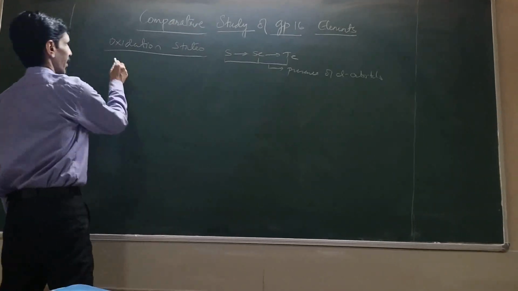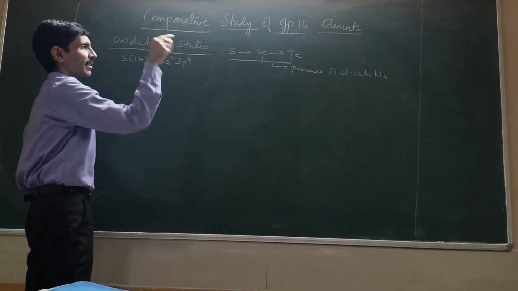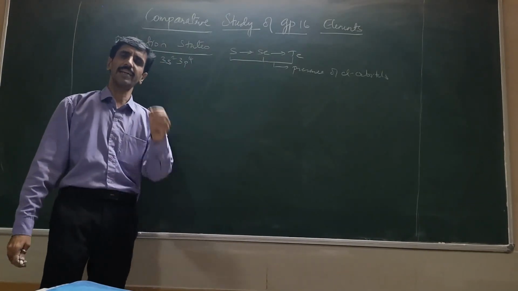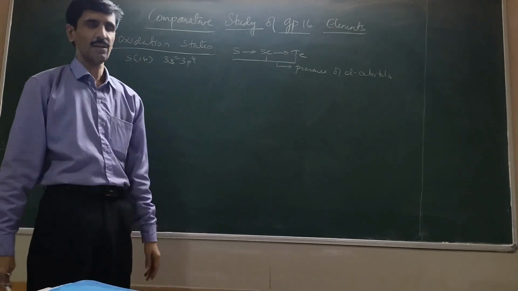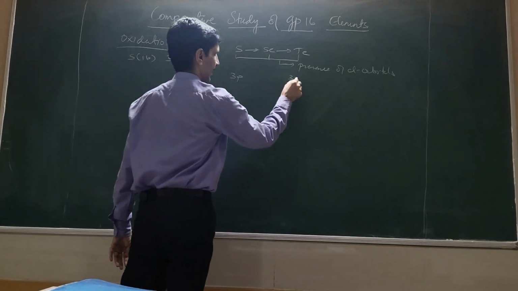When I talk about sulfur, atomic number is 16 and its valence shell configuration is 3s2 and 3p4. You all know very well, my friends, that the d orbital starts from the third shell. So therefore, we will show 3s, 3p as well as 3d.